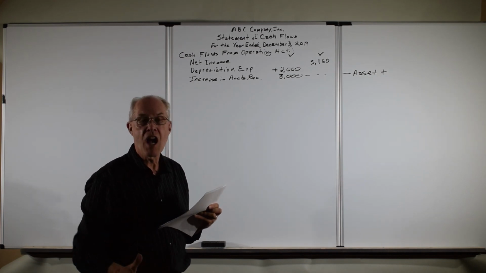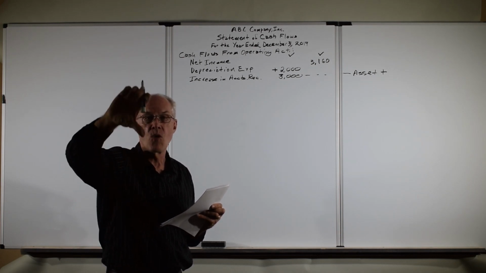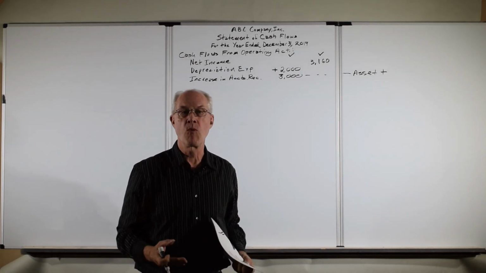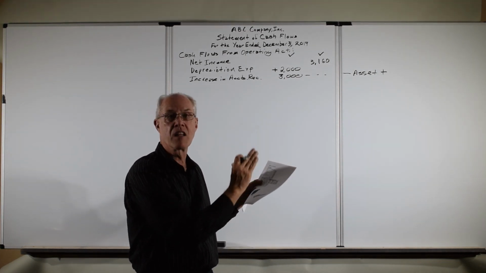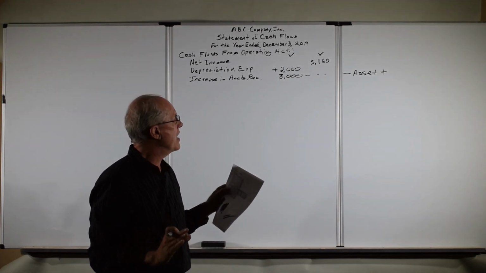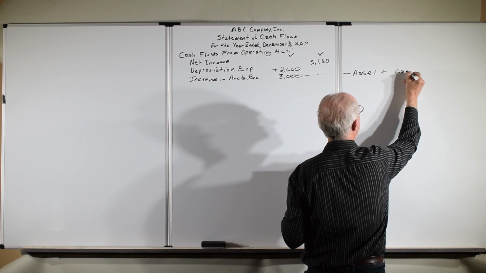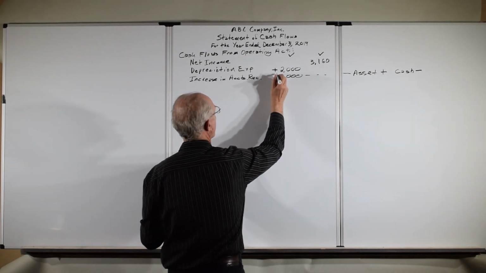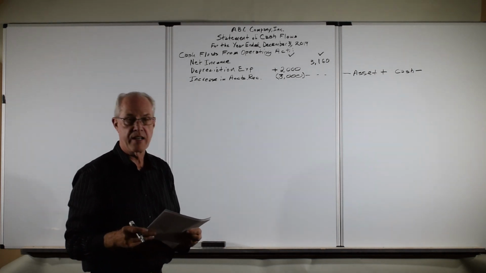So if assets increase, cash goes down. If inventory increases, it's like we bought the inventory for cash. That's the logic we should use here to help us through this problem. So an increase in accounts receivable decreases cash. Let's put brackets around that to show that cash decreases.